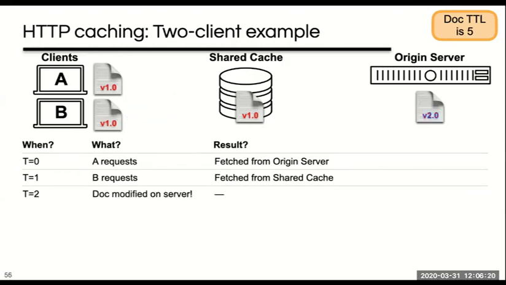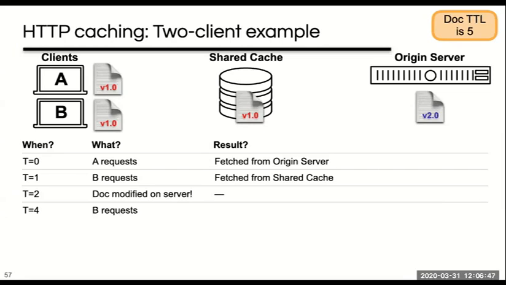So then at T2, the document is modified on the server. And at T4, B requests the document again. So what happens here? Is it going to get it from the origin server?